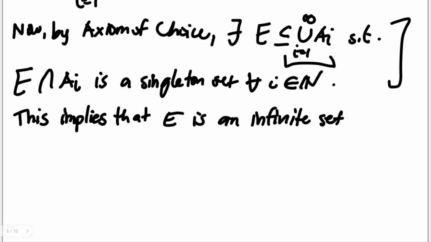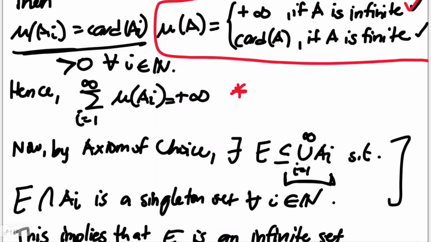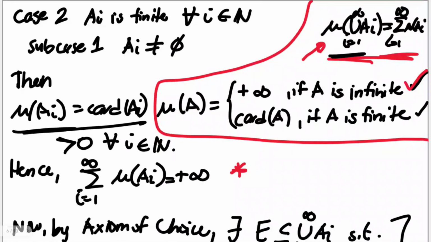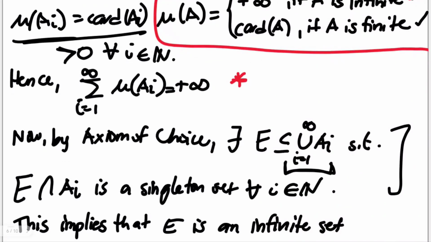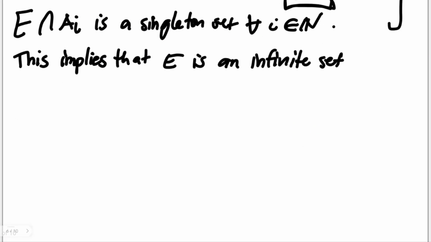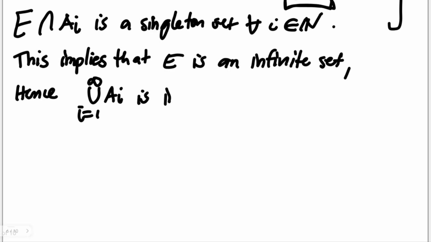Even if E is a subset of the union of A sub I, where I starts from 1 to infinity, we know that A sub I is just non-empty, so it could take any value of its cardinality. With that, since E is an infinite set, hence the union of A sub I's, where I starts from 1 to infinity, is also infinite.